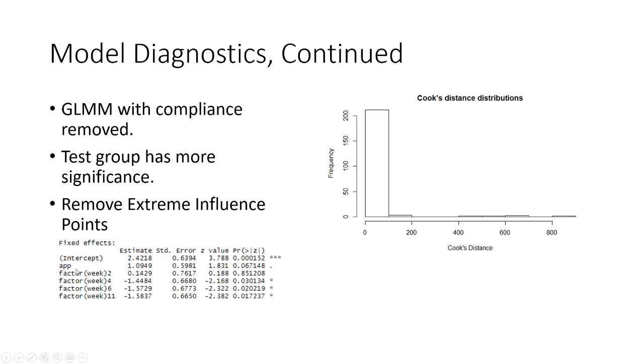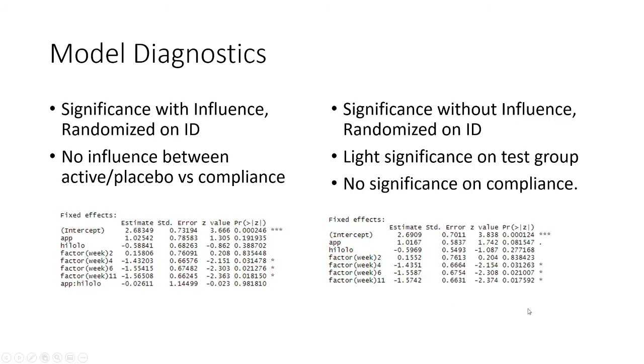We just test on the application, the active or placebo application here. In addition, the week is still kept because we noticed that trend already. As you can see, starting from week 4, 6, 11, those become significant, which is consistent with the data in the previous section.